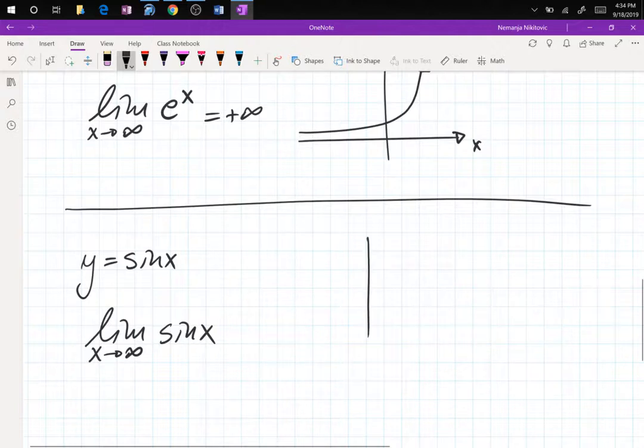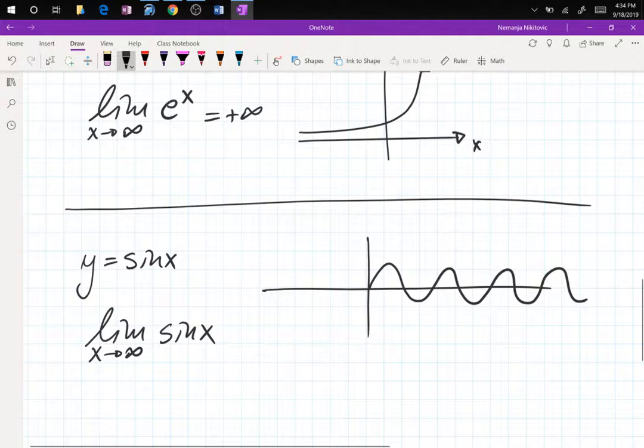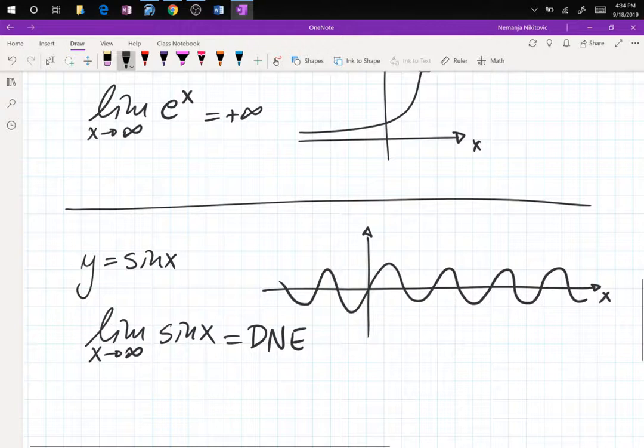Well, if you consider your sine x, and sine x is a wave, it's going to do this forever, right? And it goes down on the negative side as well. You have one big fat does not exist in this case, because there are infinitely many points between -1 and 1, which is the range, the y values of sine.